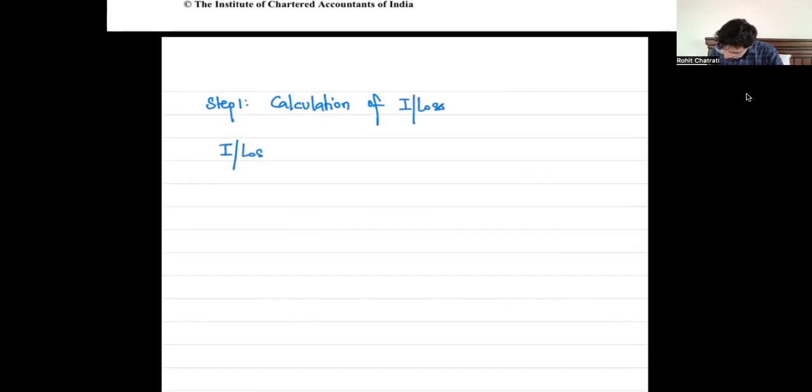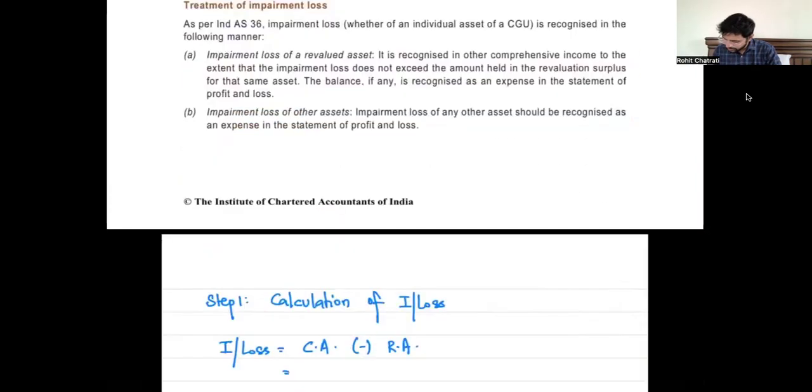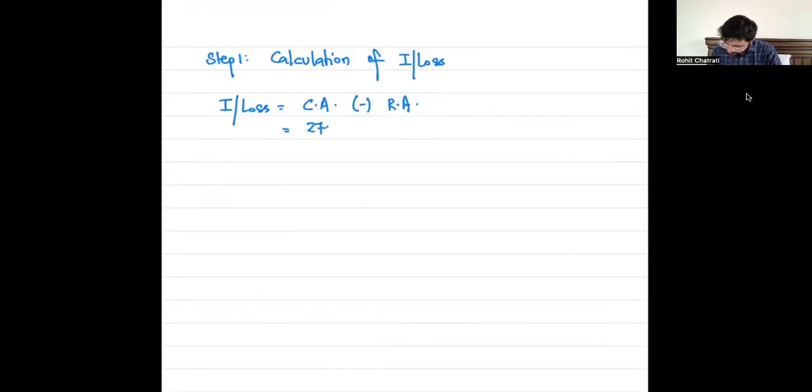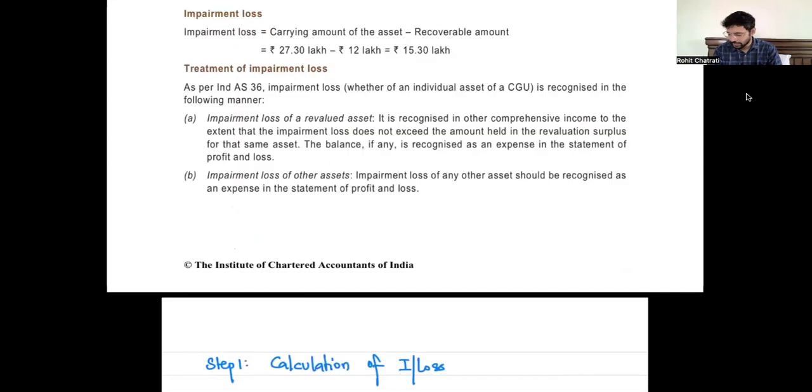Impairment loss is going to be carrying amount less recoverable amount. Carrying amount was provided as 27.3 lakhs, less recoverable amount was 12 lakh rupees. So the impairment loss is equal to 15.3 lakh rupees.